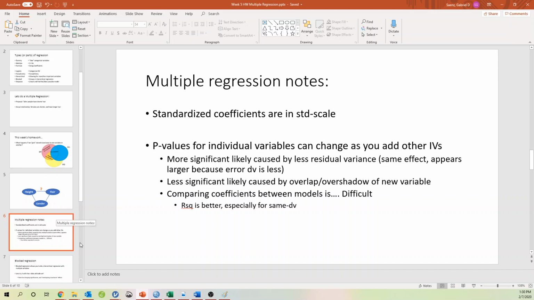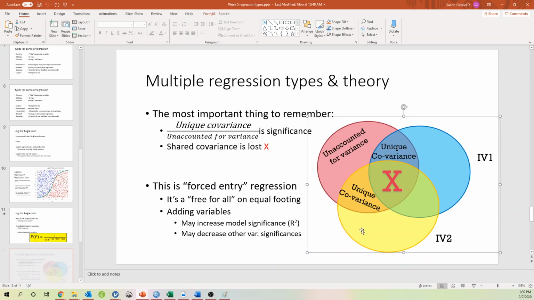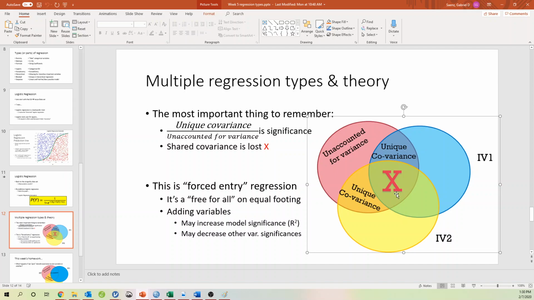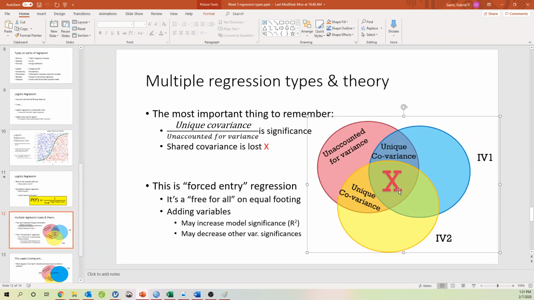So if we go back to this slide here, whatever we added in didn't cause a lot of shared covariance, but it definitely reduced the unaccounted for variance. If a variable becomes less significant when you add another independent variable to your regression model, it's likely because there was a substantial amount of overlap that it added.